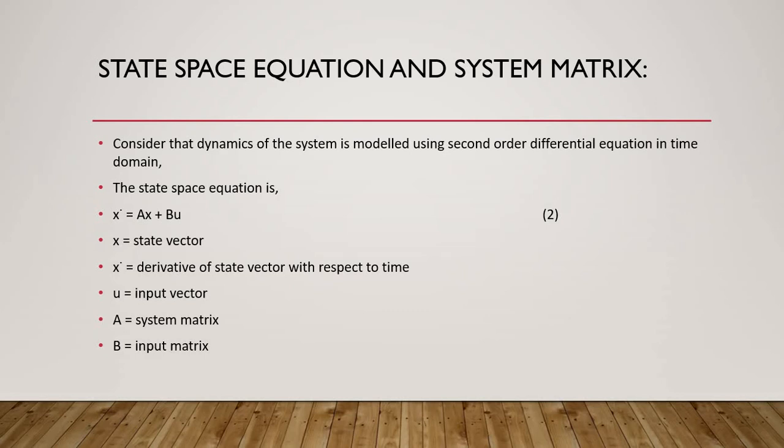Initially, if we talk about electrical systems, then for the storage elements, that is capacitors and inductors, we will find the voltage and current equations. For systems such as airplanes, we find the force and moment equations. By solving those physical variables, we get a differential equation, say for example a second order differential equation, or maybe an nth order differential equation.